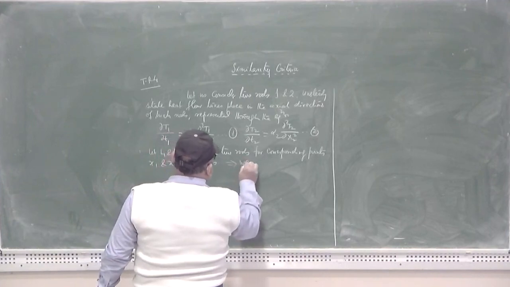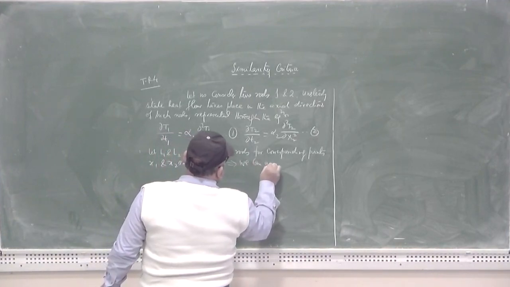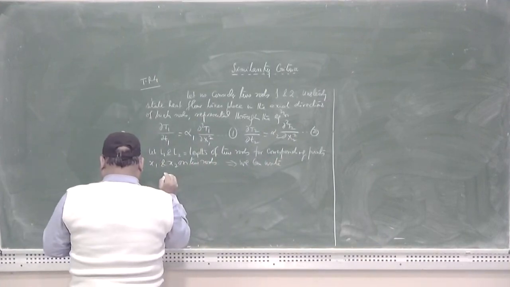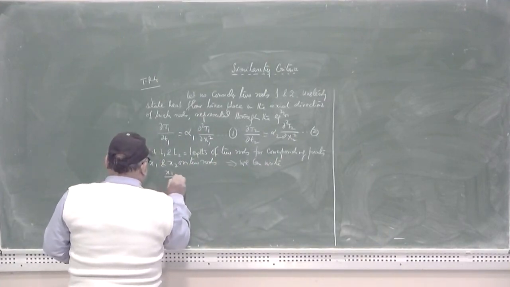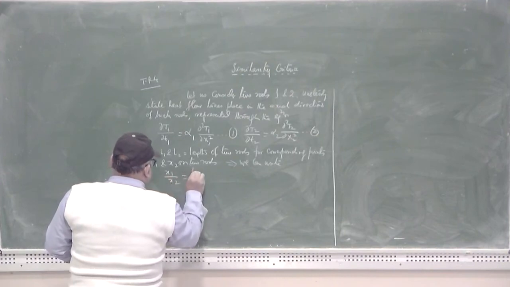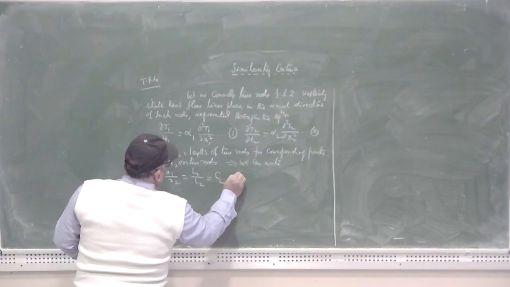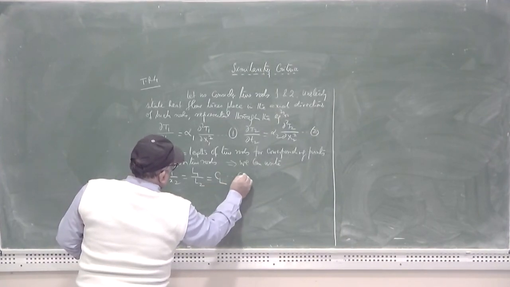So we can write x1 upon x2 should be equal to L1 upon L2, that is equal to CL. Let it be equation number 3.